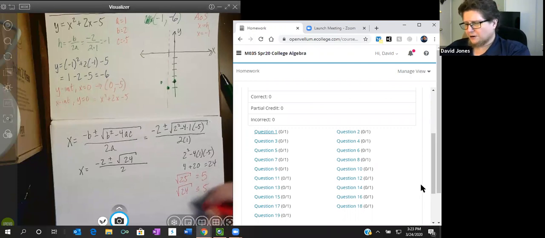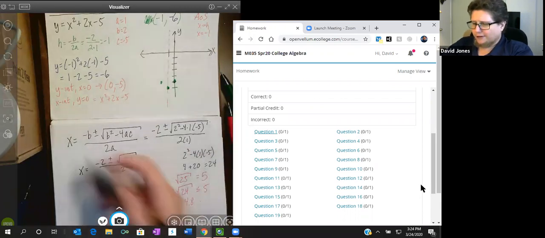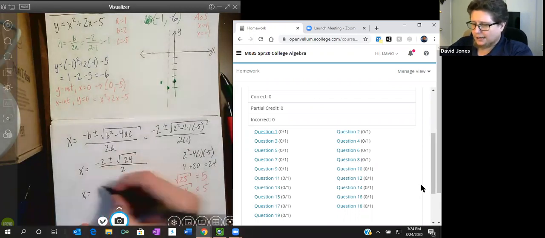So I'm going to go maybe 4.8. Might even be 4.9. But that's a little bit less than 5. I don't need exact precision because I'm just trying to figure out roughly where it's crossing the graph.